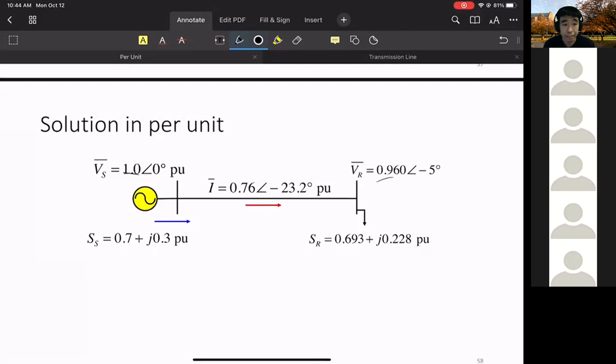Hi, Professor. I have a question for problem 6. For T1 the turn ratio is 2400 to 9600, and T2 is 10 kV to 5 kV. The turn ratios are different, one's 9600 and another is 10,000.